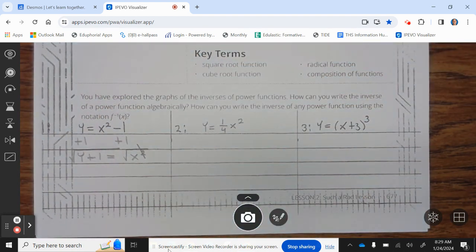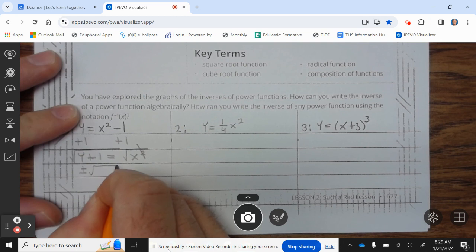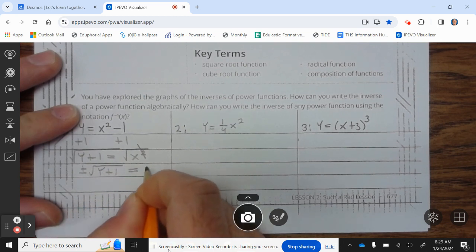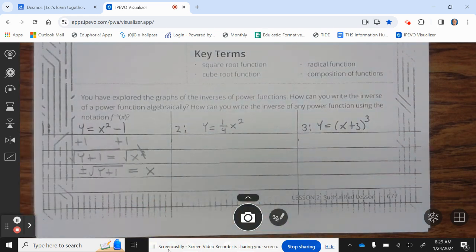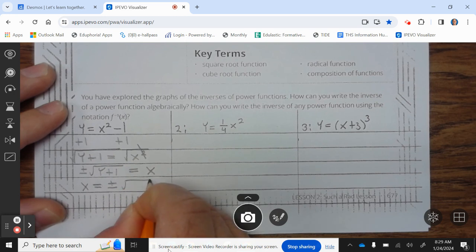Now remember, square root is plus or minus, so that's plus or minus the square root of y plus 1 equals x, which can be rewritten as x equals plus or minus the square root of y plus 1.